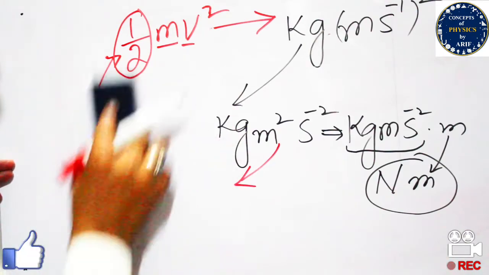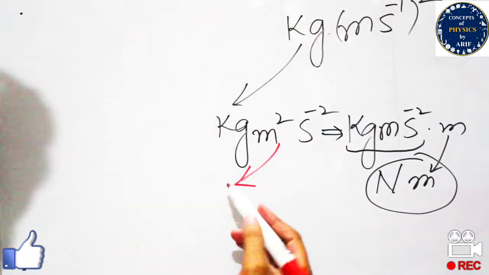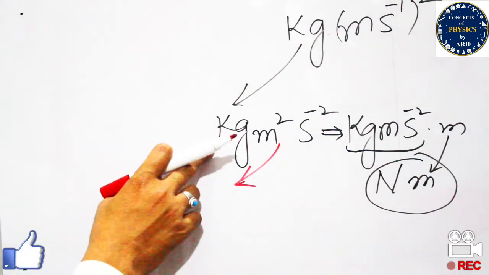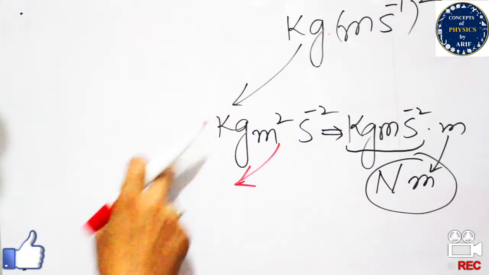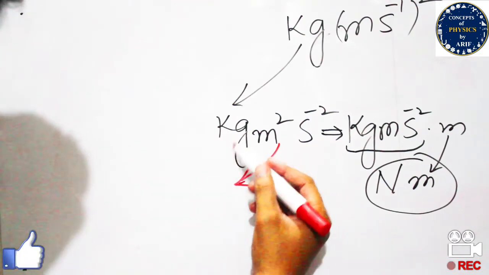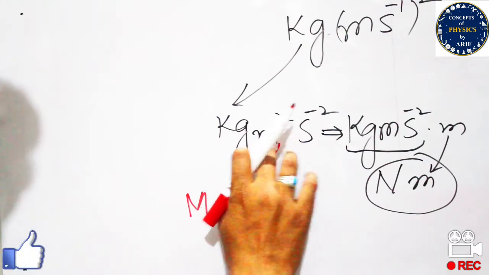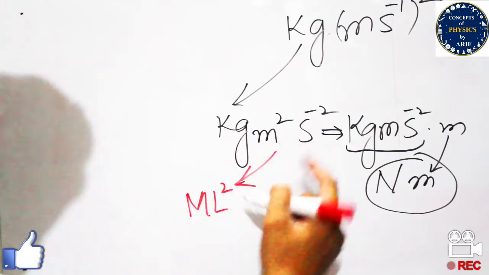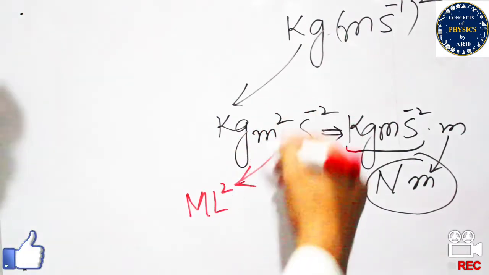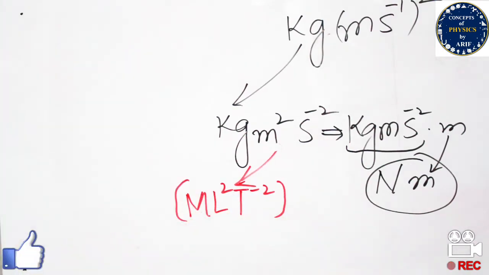The dimension of kinetic energy or any energy will be the same. When we find the dimension of kinetic energy, then the dimension of every energy will be the same. The dimension of kilogram comes from mass M, meter comes from length L square, and second comes from time T minus 2. This is the final term of rotational kinetic energy or translational kinetic energy.